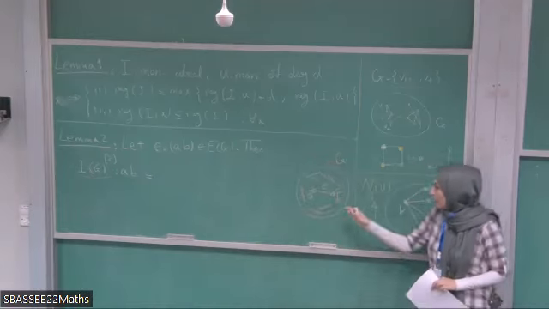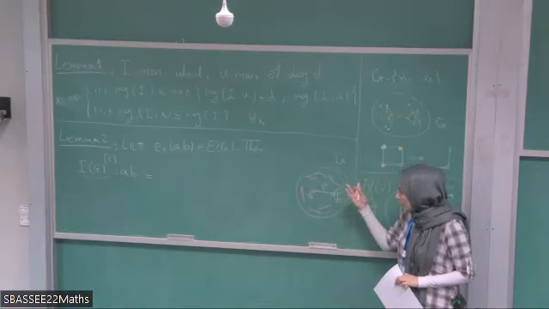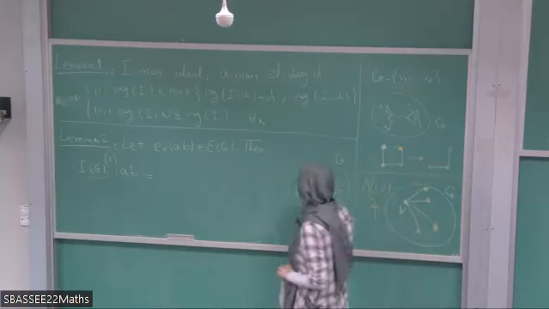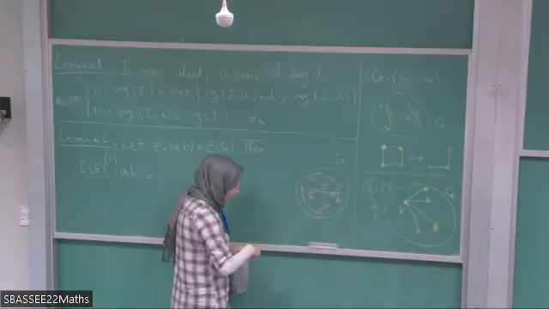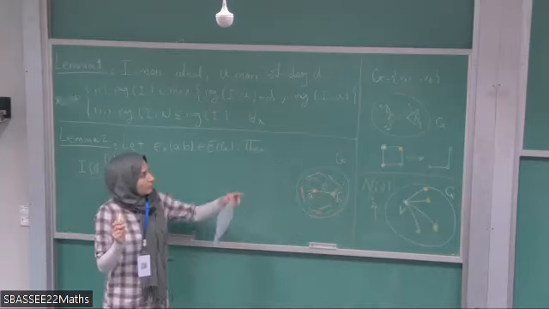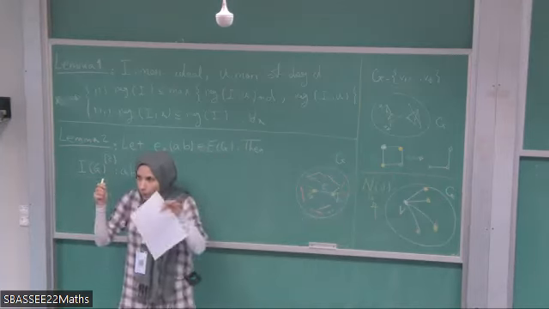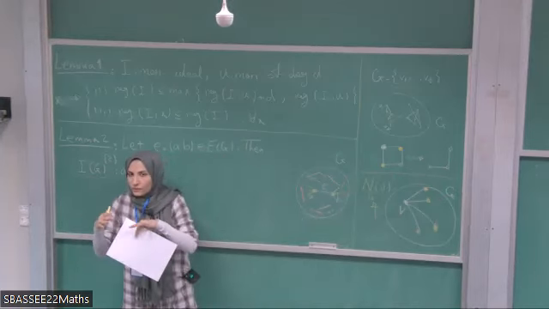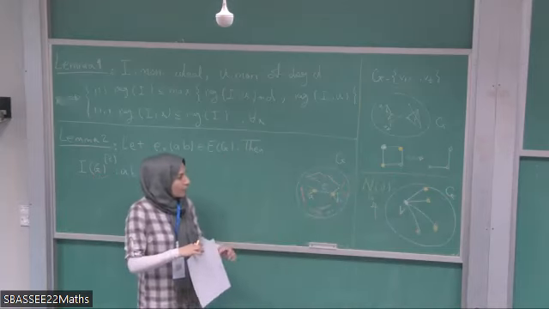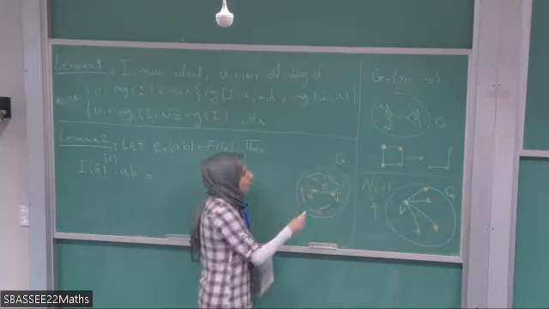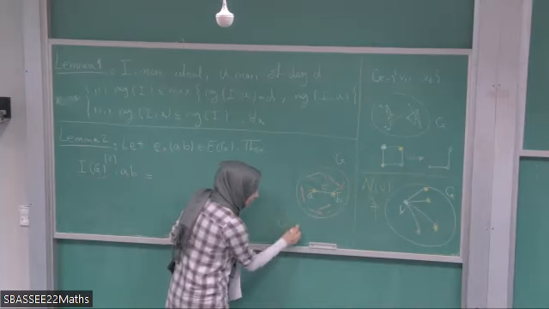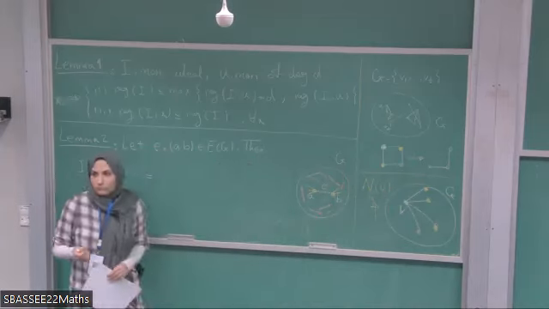Agree? So it means that all such pink edges have this property. But how can I describe them? They have no connection with E. It means that if I remove these two vertices, A and B, as I mentioned what I mean, all edges adjacent to these two vertices also disappear. Then I am looking at the graph G minus A and B. Do you agree?